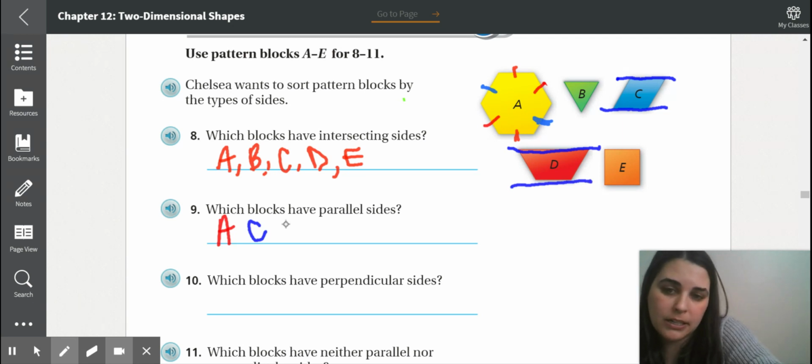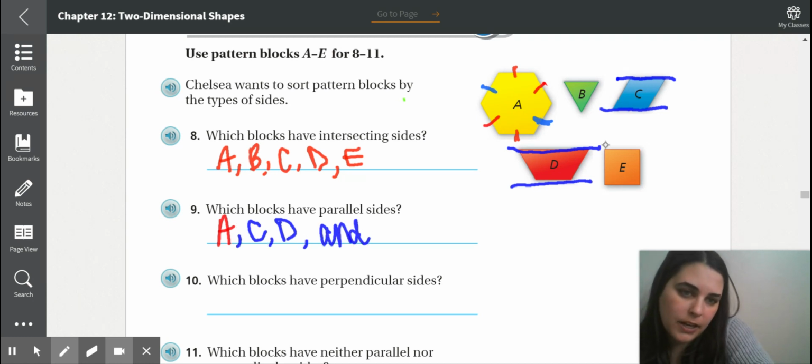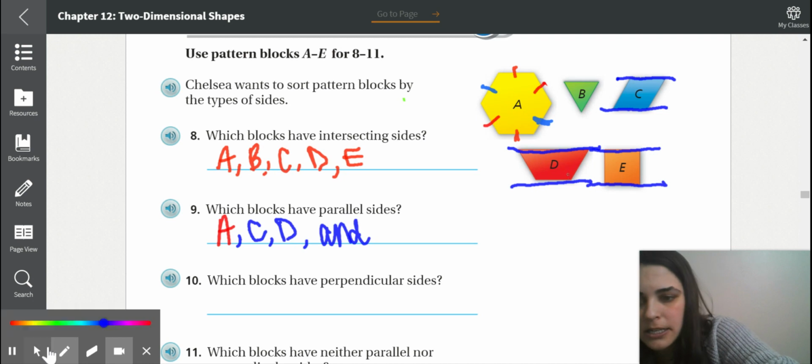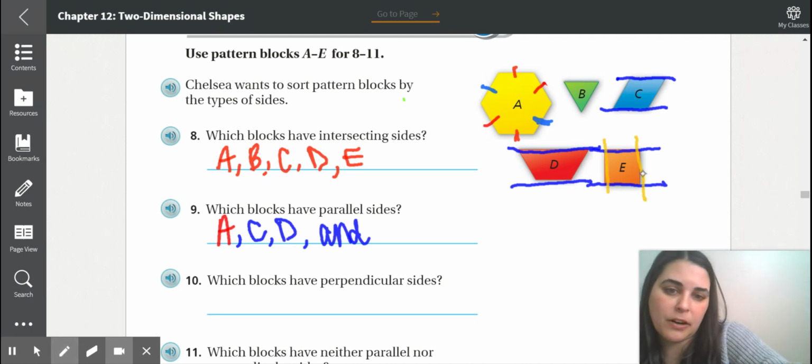So we know that D does. And then let's look at E. We know that side and that side, those will never cross. And this side and that side won't ever cross. So E also has parallel sides.